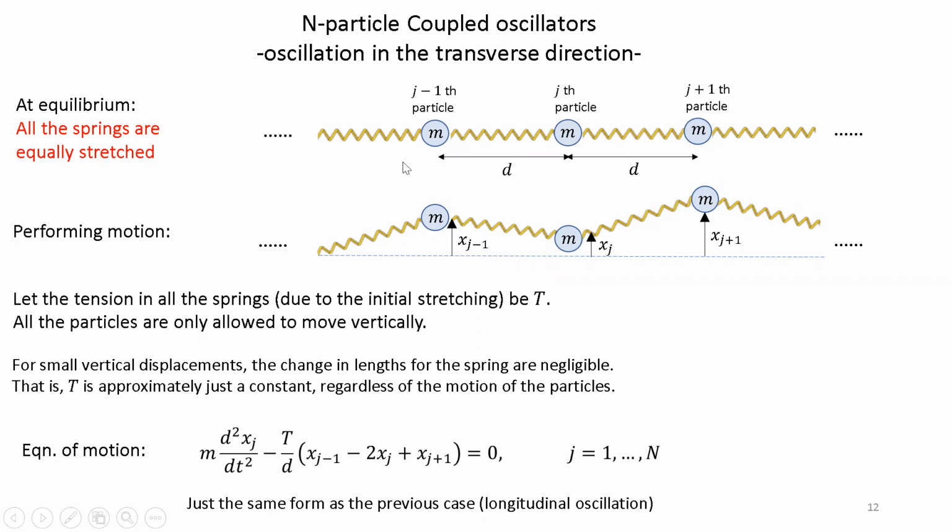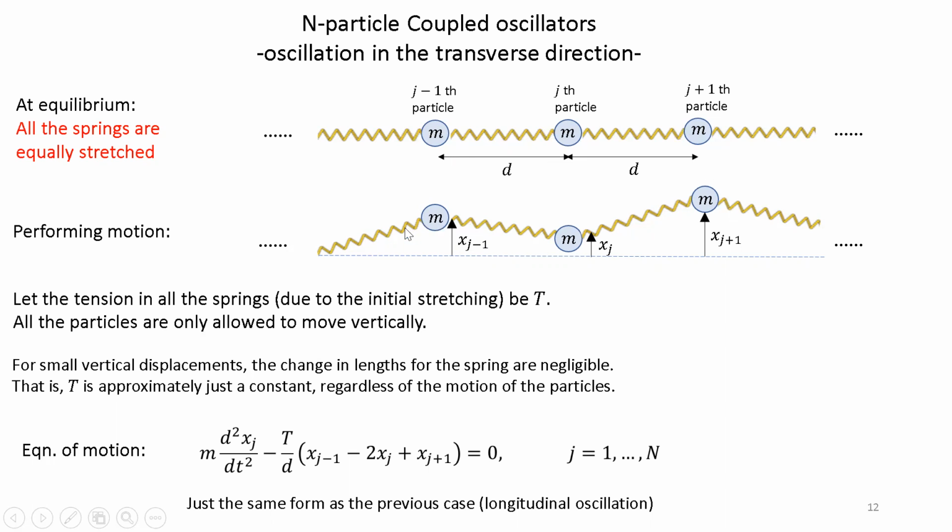So the system that I'm setting up here, again, is an n-particle linear system, a linear structure. This time, however, I'm not trying to consider the motion of the masses to be going along the line of the spring. Instead, I'm only allowing all these masses to move up and down, let's say. Just like this.